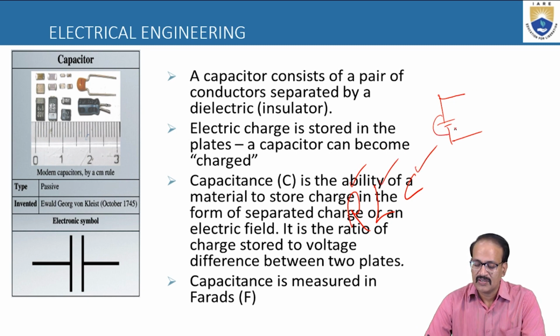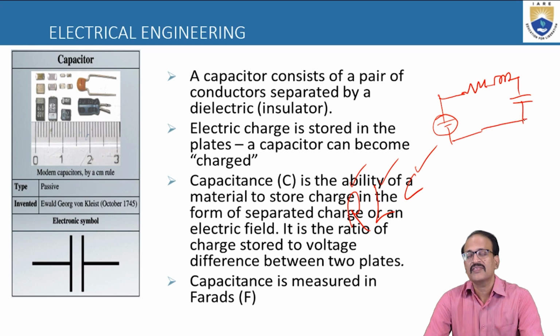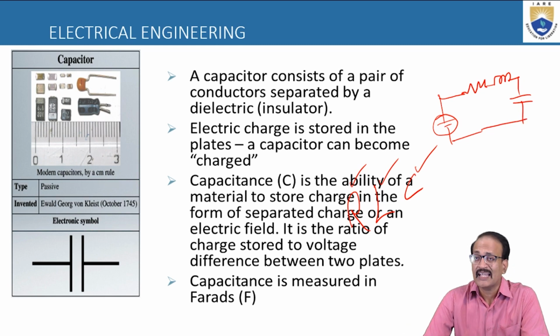The energy from the source we are giving is consumed in the form of the resistance, the inductance, or the capacitance. So the basic circuit elements are the resistance, capacitance, and inductance. We call it the RLC circuit.